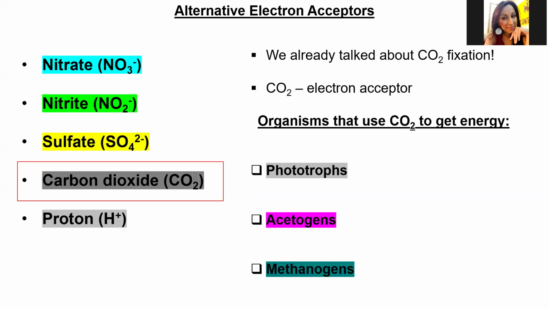These are organisms, phototrophs, acetogens, and methanogens, that are going to use carbon dioxide as a terminal electron acceptor and as a carbon source. And again, acetogens and methanogens, as well as phototrophs, are the first metabolisms that were developed on Earth simply because they could make use of everything that was available to generate energy.